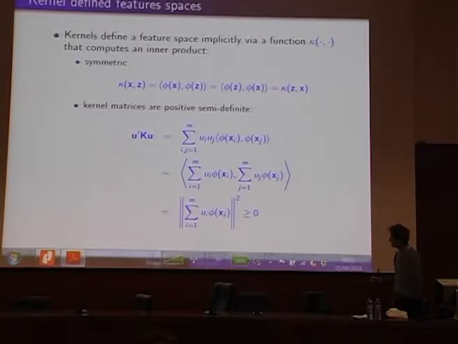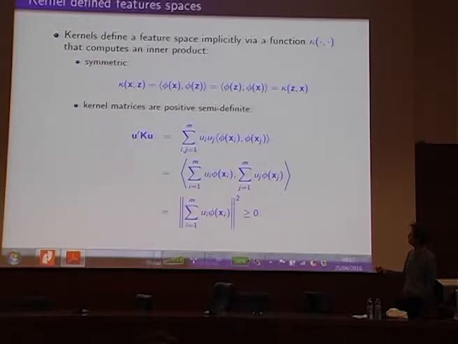Since this is a norm squared, if it was a proper kernel function defining a feature space mapping, then this must be a non-negative quantity. So this is effectively saying that this matrix is positive semi-definite. This is another way of saying that it has no negative eigenvalues, and this holds for any arbitrary set of training points.